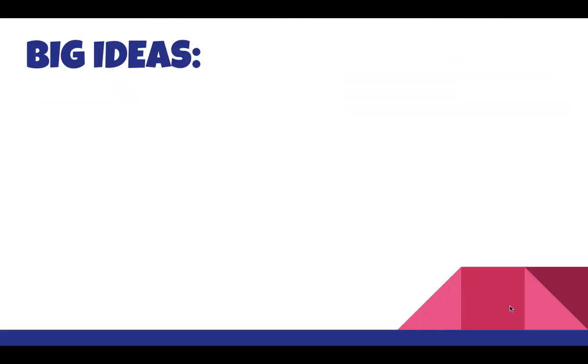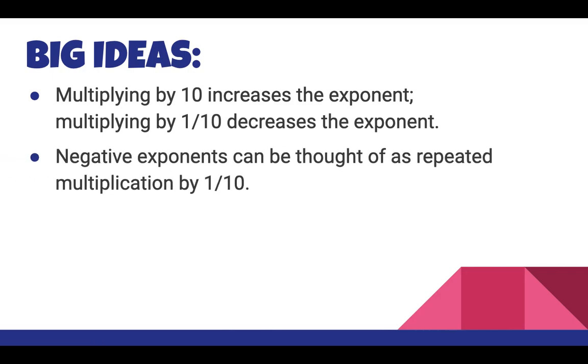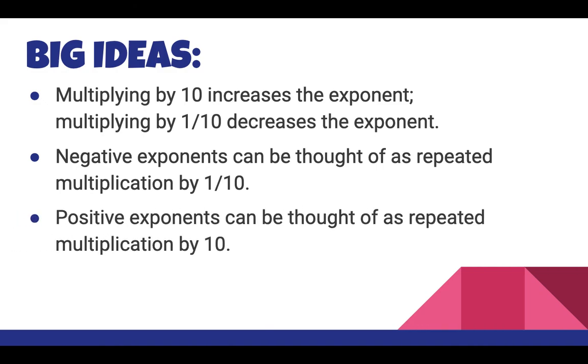All right. So here are our big ideas for this lesson. Multiplying by 10 increases the exponent. Multiplying by 1/10 decreases our exponent, so it gets smaller. Negative exponents can be thought of as repeated multiplication of 1/10. Positive exponents can be thought of as repeated multiplication of 10.